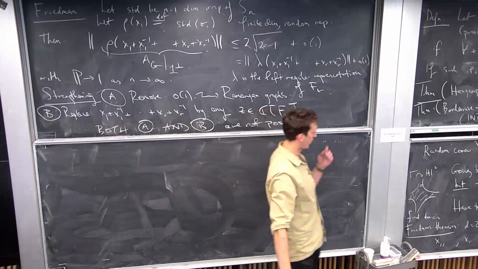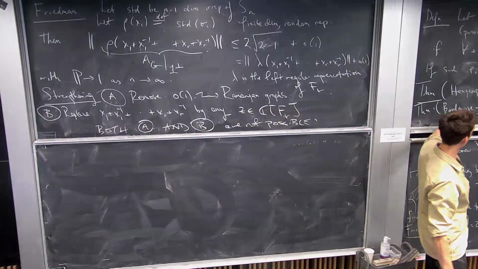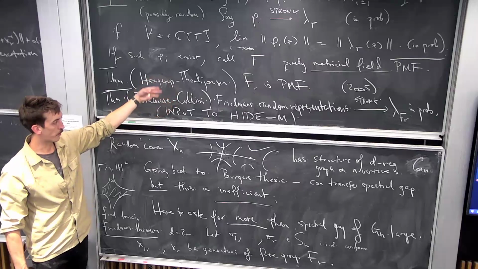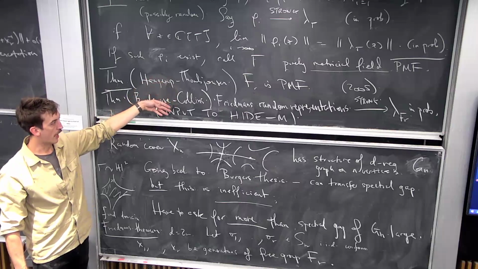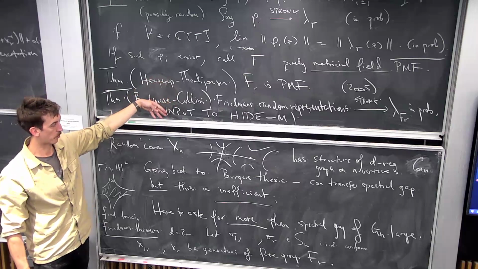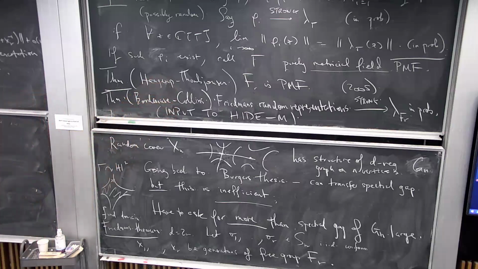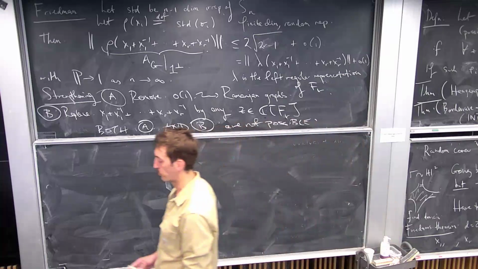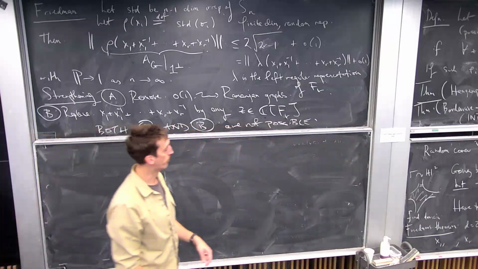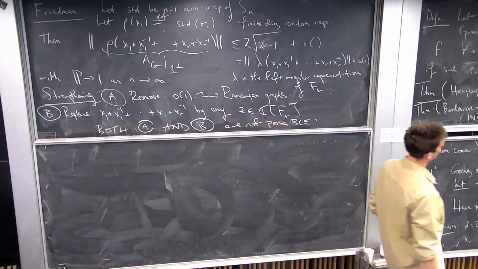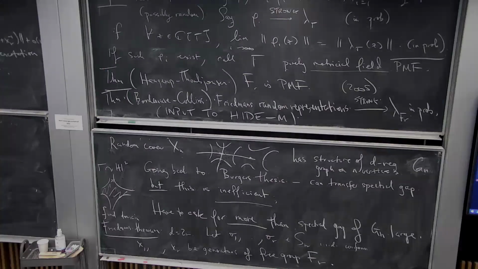We now understand that there's a very general mechanism for taking statements like this for the fundamental group of a compact manifold and transferring the statement to asymptotically optimal spectral gap. I'm not going to go into that now, but that gives the impetus to try to establish this PMF property for wider classes of groups. So let me talk about that.